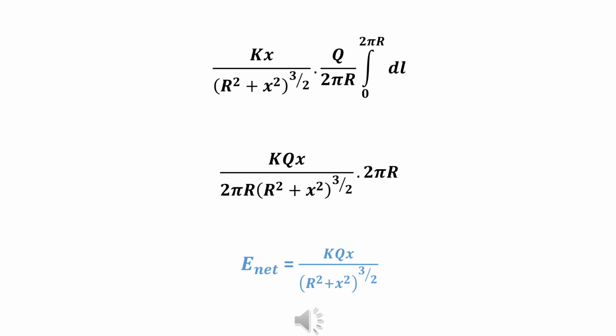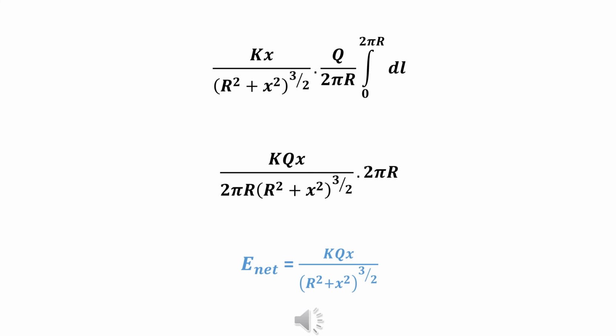While applying integration, we will need the lower limit and upper limit of the length of the ring, because dl is the element of the length of the ring. The minimum possible length of the ring is 0 and the maximum possible length of the ring is 2 pi r. So the lower limit of integration is 0 and the upper limit is 2 pi r.